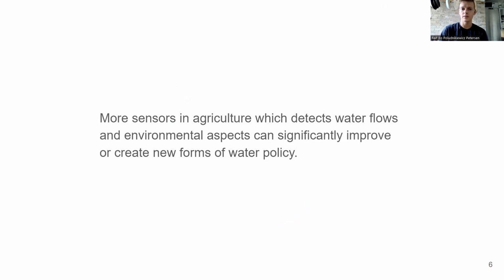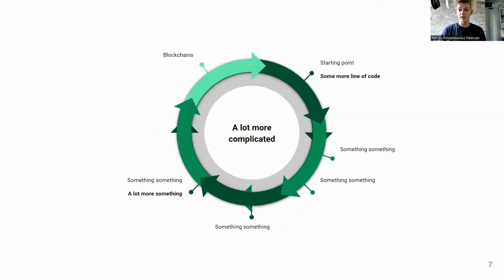I think it's quite obvious to detect environmental aspects, which can significantly improve and create new forms of water policy. But I found out that it's actually a lot more complicated than I realized. There's a tremendous amount of things happening, from hardware to software to how to compile it, and how to write a script to send it to an API.